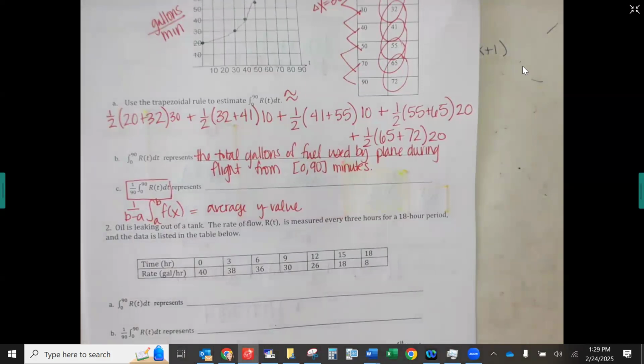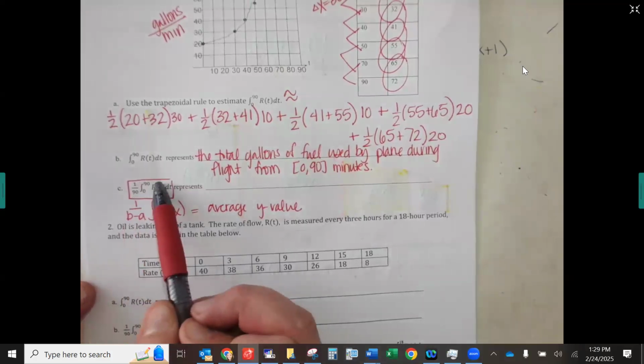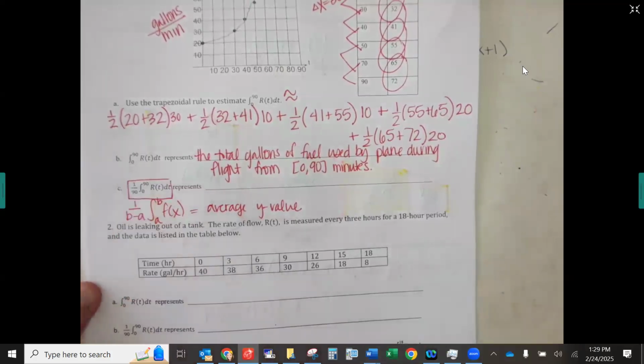Here's the difference. When you do an integral, gallons per minute goes back to gallons. But if I do gallons per minute back to gallons, and then I divide by 1 over b minus a, which in this case would be 1 over 90 minus 0, then it turns it back to gallons per minute. Because you're dividing how much fuel they used by the 90 minutes they were in flight.